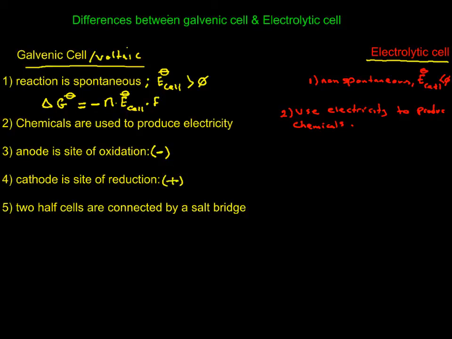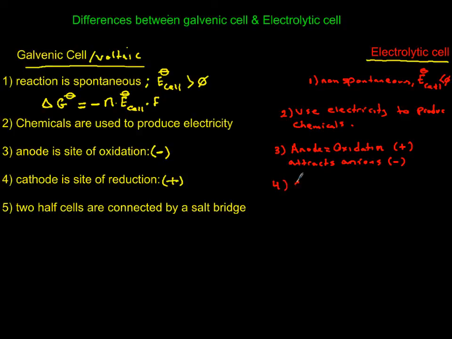Now, the same definition goes for anode and cathode in an electrolytic cell. Anode, you should remember, is always the site of oxidation, except in this case, this is a positive sign. Why? Because it attracts anions, which are negative ions or non-metallic ions.